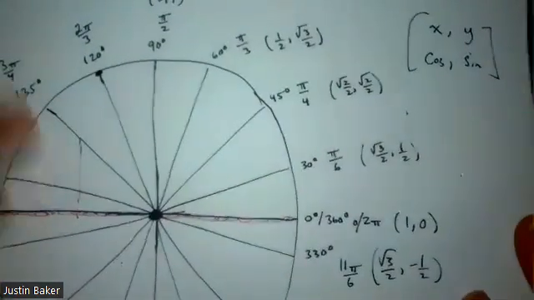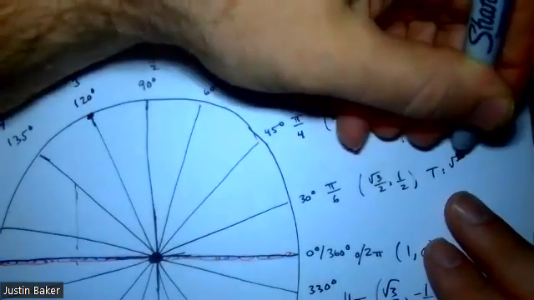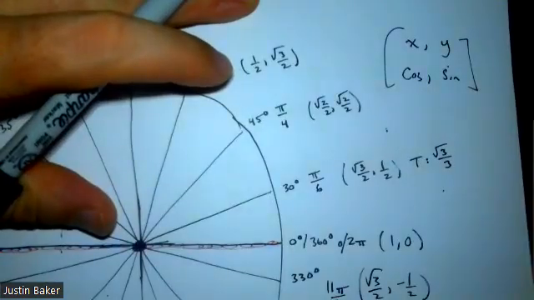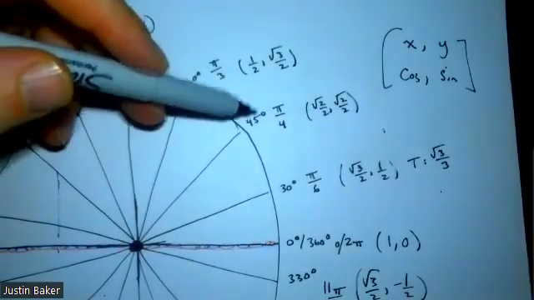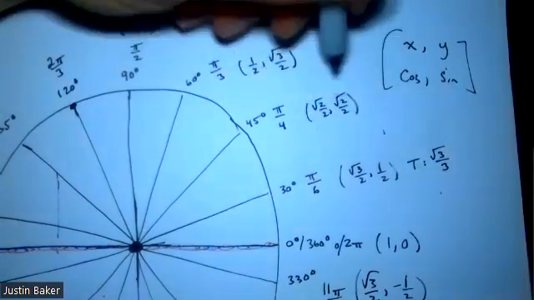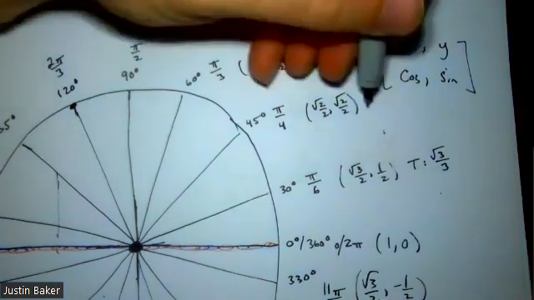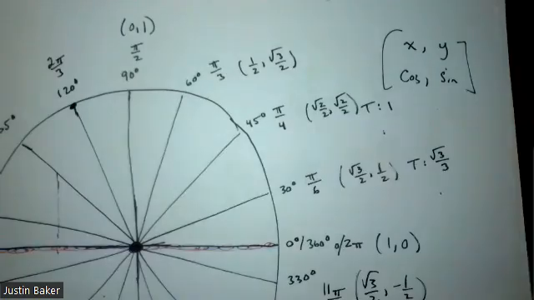So the tangent value at 30 degrees is root 3 over 3. Okay, for 45 degrees, what can you tell me? These things are exactly the same. So the same exact thing divided by the same exact thing, the tangent value is going to be 1.